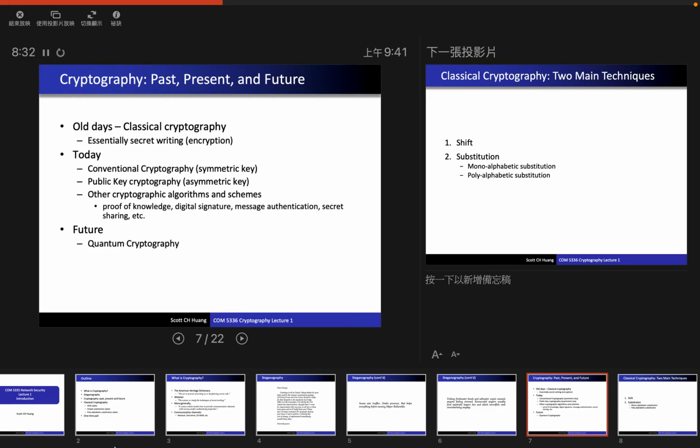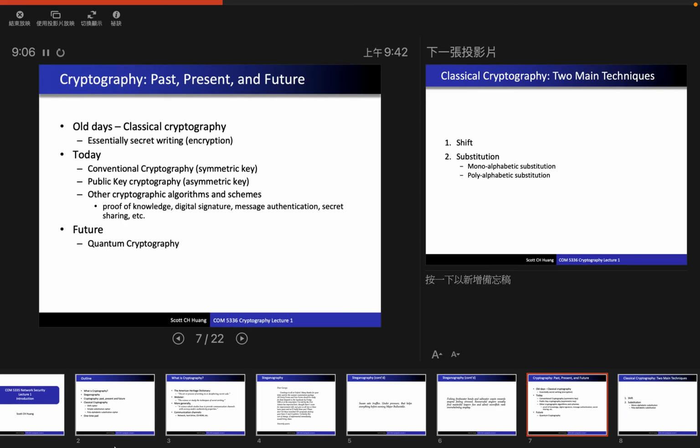Public key cryptography is actually asymmetric key. 这个叫做公开金钥，这个密码系统，这两个是同义词，public key 是这个意思，在我们这堂课里面，那 symmetric key 呢，我们叫做 private key cryptography. So private key cryptography is symmetric key cryptography or symmetric cryptography. Public key cryptography is asymmetric cryptography. They're synonyms.